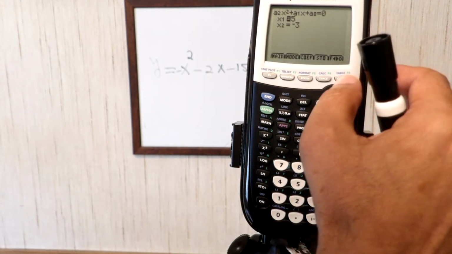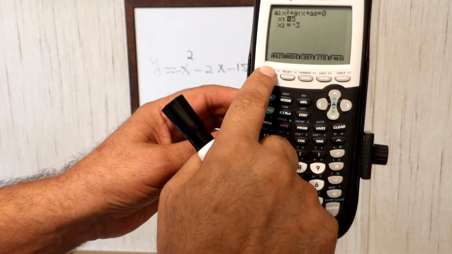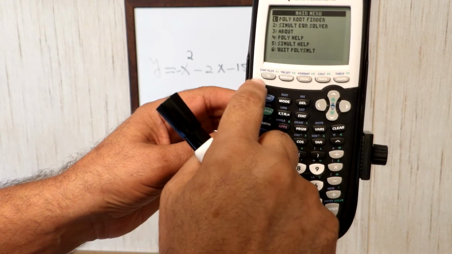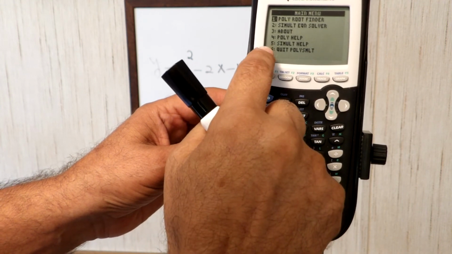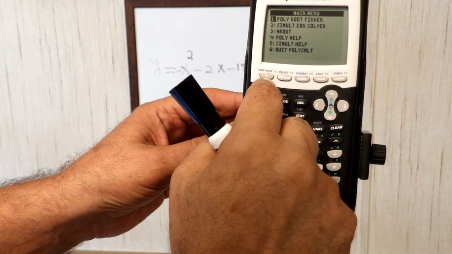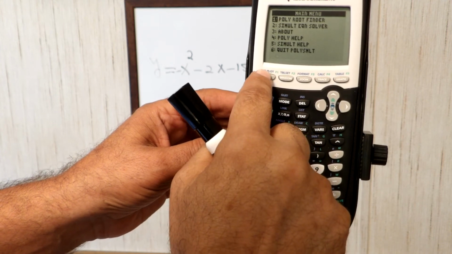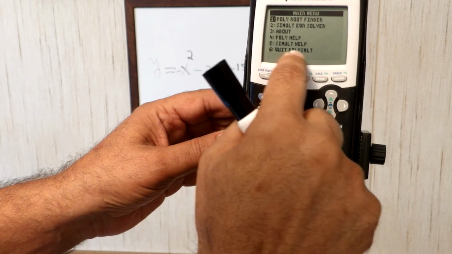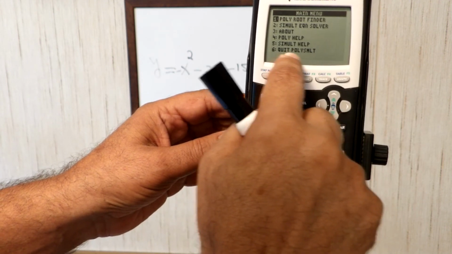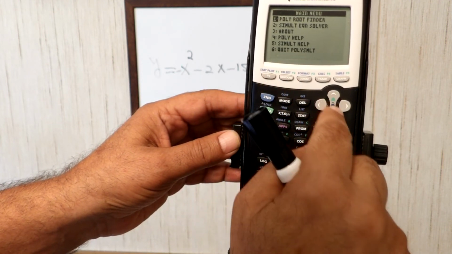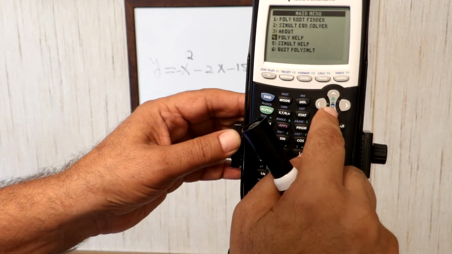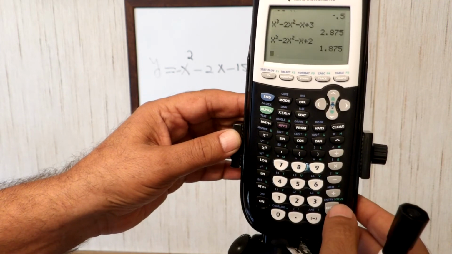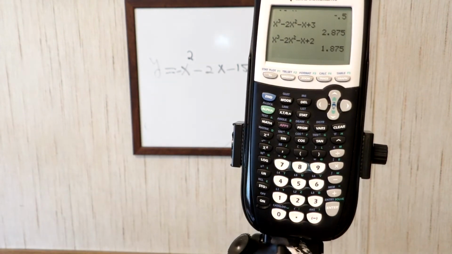You go to main, and whenever you see something like that, quit. It's at polynomials, number 6. You push enter, and you come back to the original screen, or you say quit.